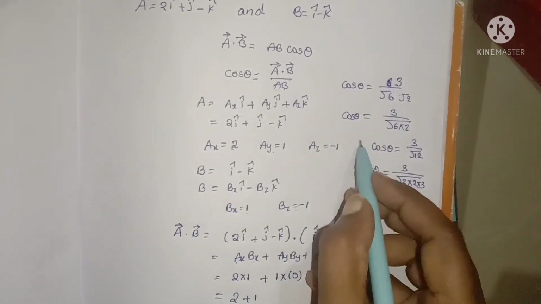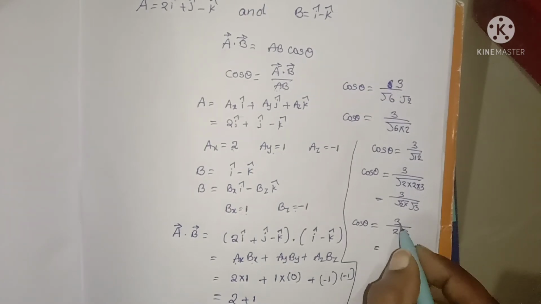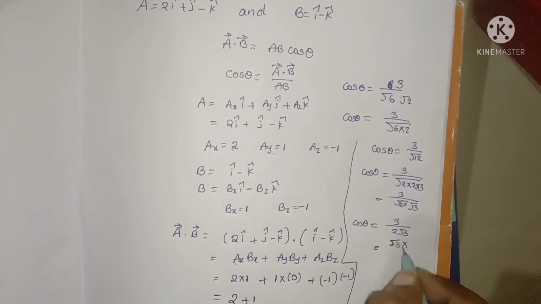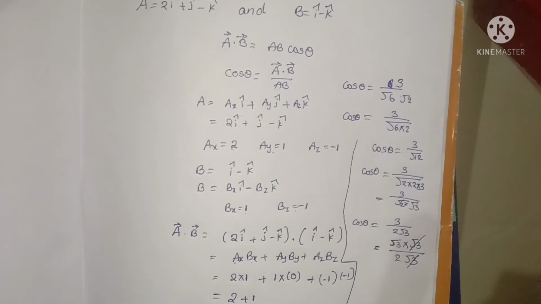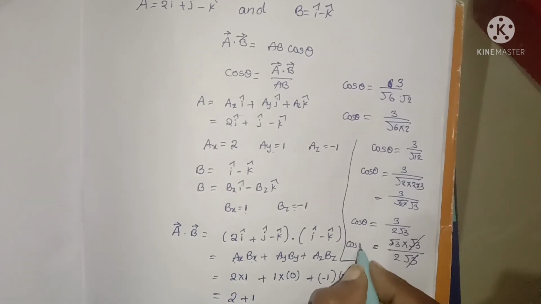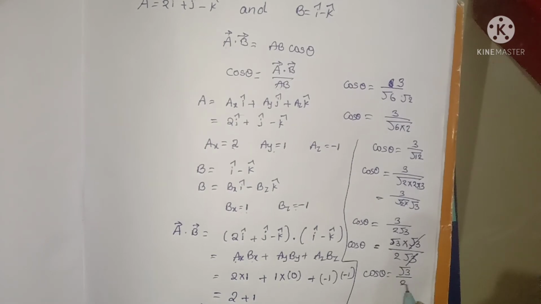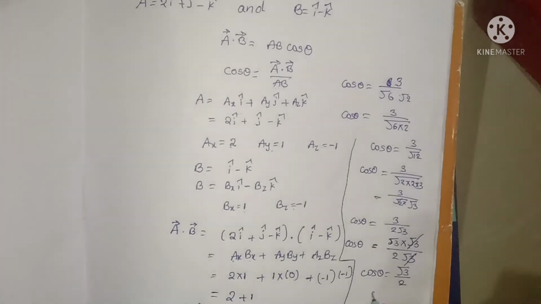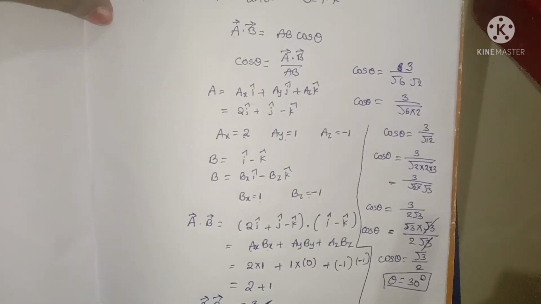Root 3 we can write as root 3 into root 3 by 2 root 3. So here root 3 will cancel. Finally, cos theta value is root 3 by 2. So root 3 by 2 means theta is 30 degrees. So this is the angle between these two vectors.